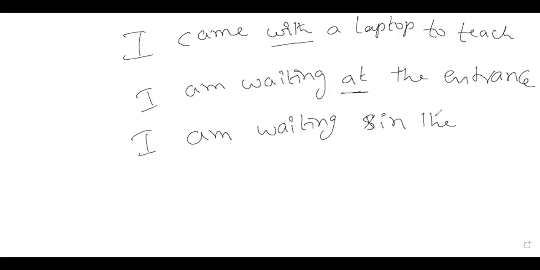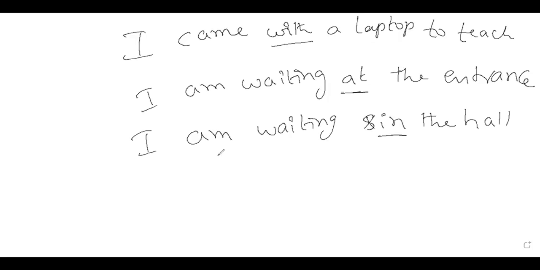So this preposition also refers to place, but this is not a particular place or exact place I'm referring to. So here 'in' refers to the place in a boundary. That 'in' is the preposition that refers to the boundary or a certain kind of place.